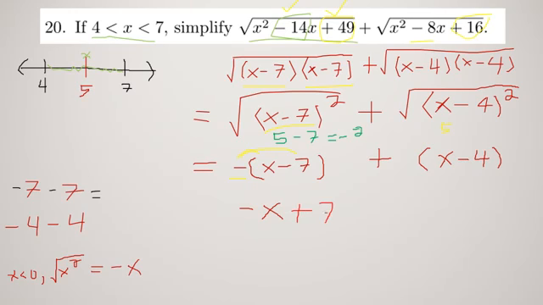And then, dito sa kabila, copy lang kasi positive x minus 4. So, next is simplify. Lahat ng mga x, i-add mo. So, meron kang negative x, meron kang positive x, so that's 0. So, ang matitira na lang is 7 minus 4, which is 3. So, ang final answer is 3.